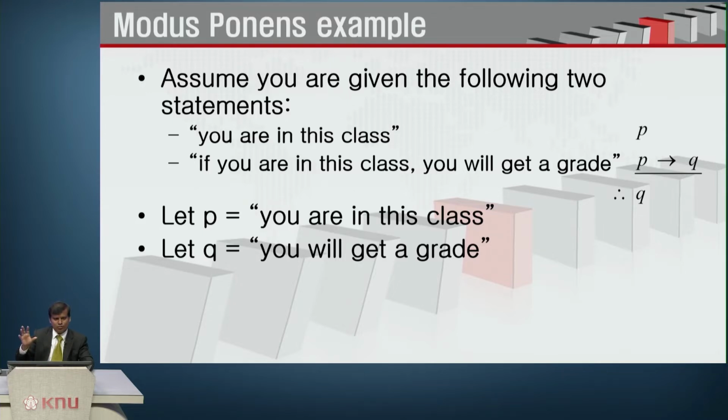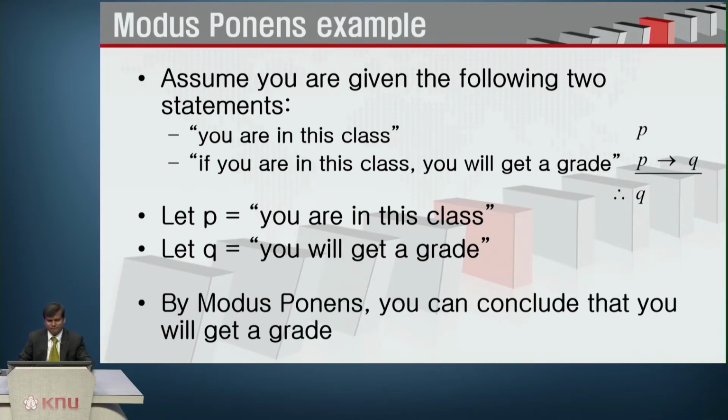This is what modus ponens states: given P, P implies Q, therefore Q. In other words, when P is given, you can conclude Q.